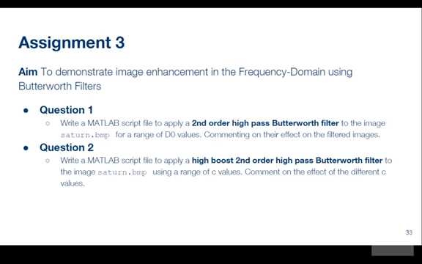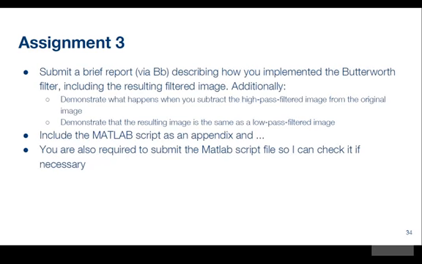And what I want you to do is try a range of cutoff values, and comment on their effect on the filtered images, and then go on to do a high boost second order high pass Butterworth filter by trying a different range of C values, and commenting on the effect of these on the filtered image.